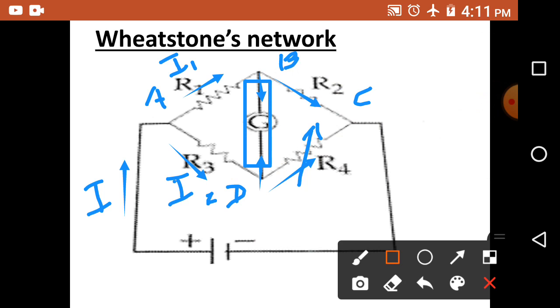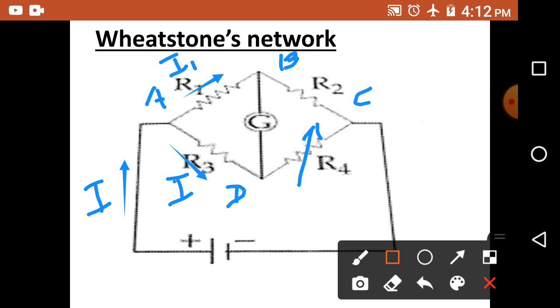When the galvanometer shows zero deflection, it indicates that both B and D points are at the same potential, or they are equipotential points. Now, say resistance R4 is so adjusted that B and D points are equipotential points, so that no current flows to the galvanometer or galvanometer shows zero deflection.